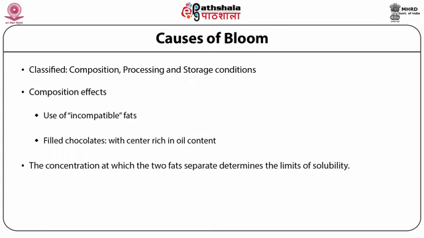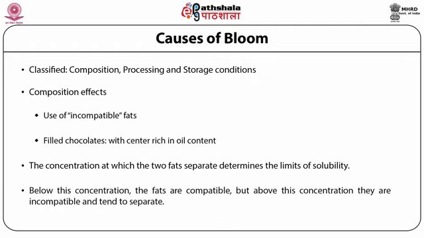So the concentration at which the two fats separate determines the limits of solubility, and below this concentration the fats are compatible, but above this concentration they are incompatible and tend to separate.